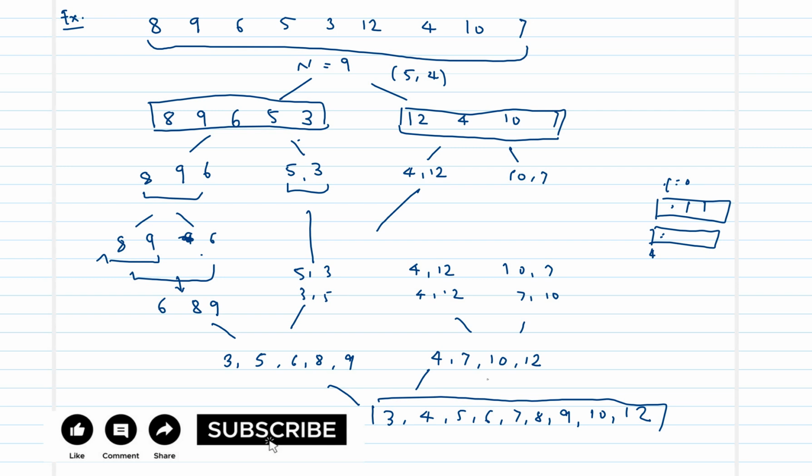So instead of traversing the array twice, we just went on dividing this one single array into two arrays of sizes n by 2, and we just went on dividing it till we reached arrays of size 2 or 1, and then we just went on remerging those arrays by sorting them in ascending order.